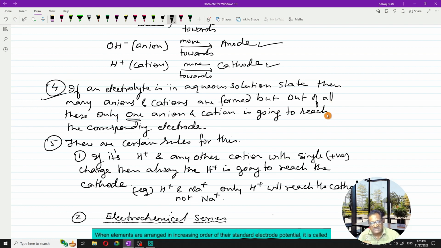So whether there are two anions or three or four, out of many anions, only one anion is supposed to go to the anode, and out of the cations, only one cation is supposed to go to the cathode, right? So that's the rule, okay? Only one has to go and reach.